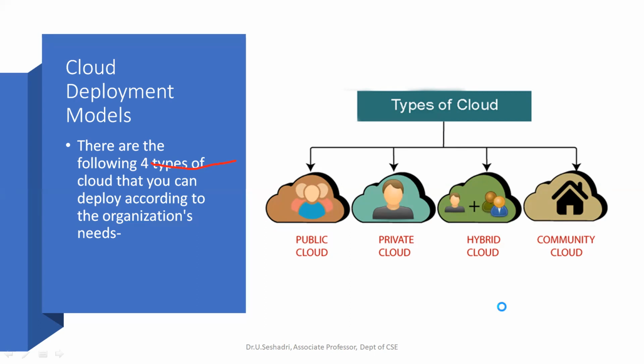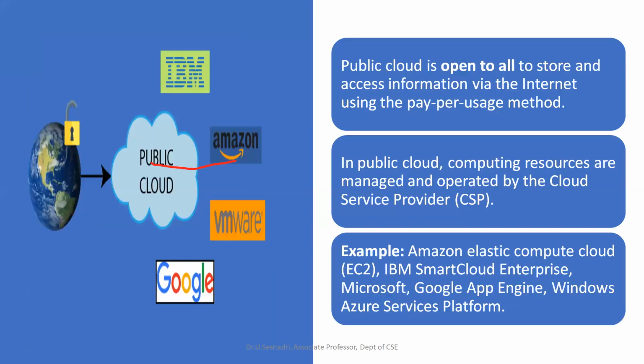Okay. So here the public cloud is open to all to store and access information via the internet connection using the pay per usage method. It is open to all users and we can access the information based on the internet connection. In public cloud, computing resources are managed and operated by the service provider.